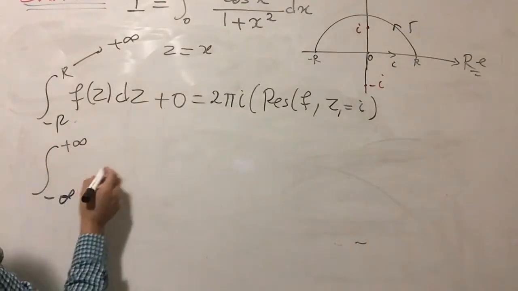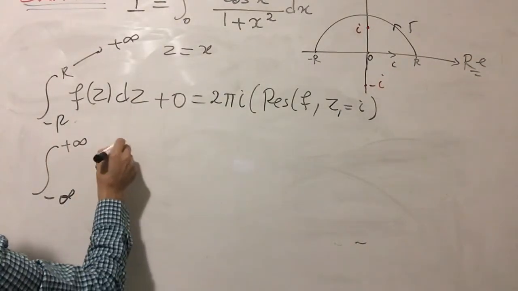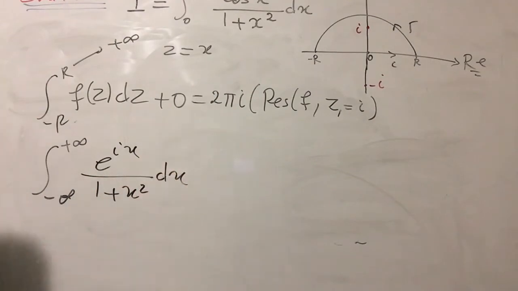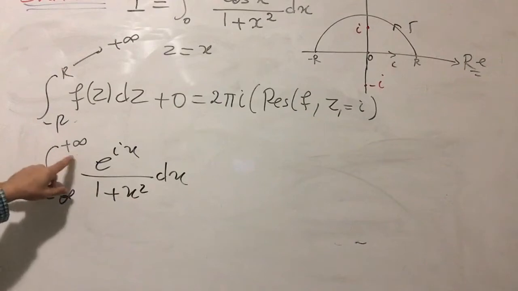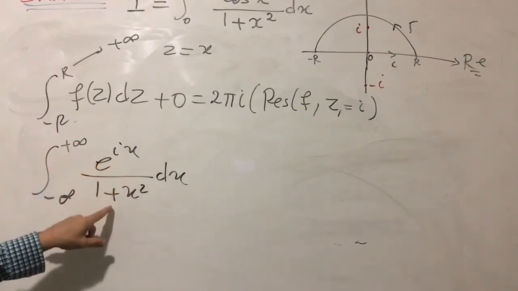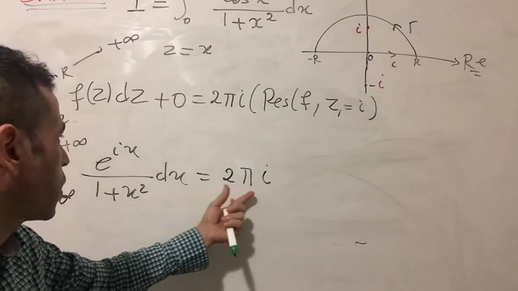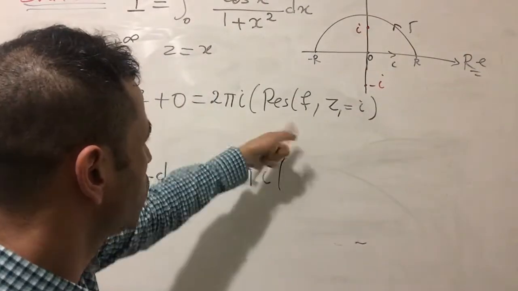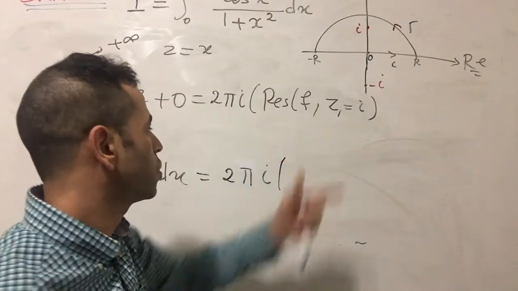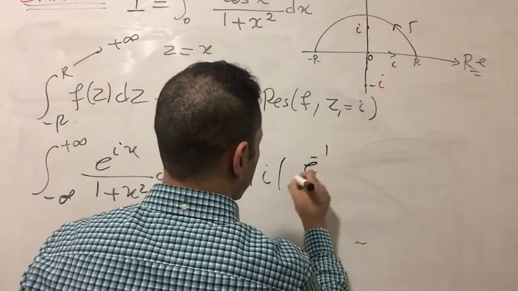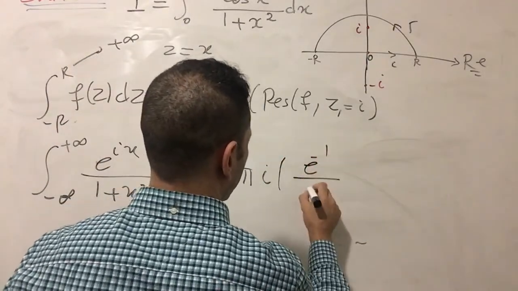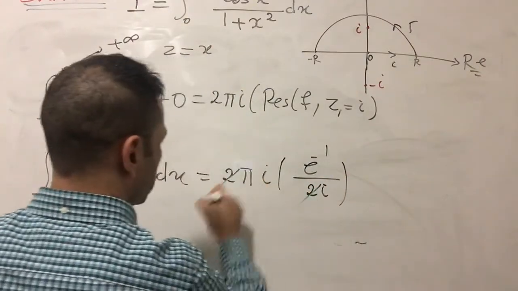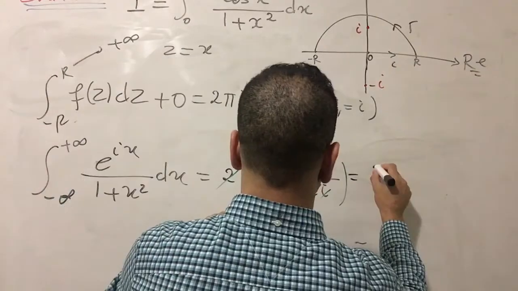So this integral becomes the integral from minus infinity to plus infinity of e to the ix over 1 plus x squared dx, equal to pi i multiplied by the residue. We already calculated the residue of this one. It was e to the minus 1 over 2i. So I'm going to cancel out 2 and i, and it becomes pi over e.